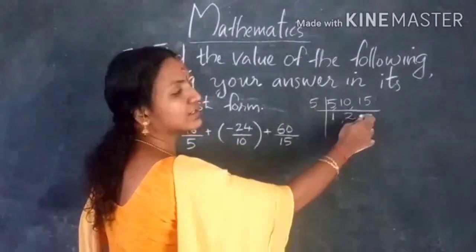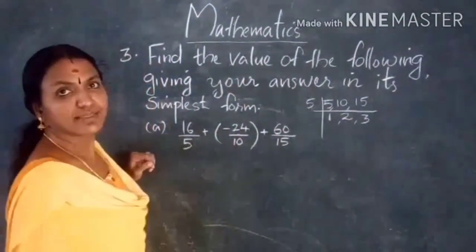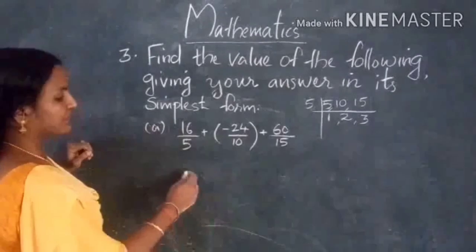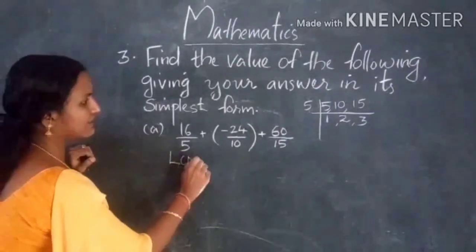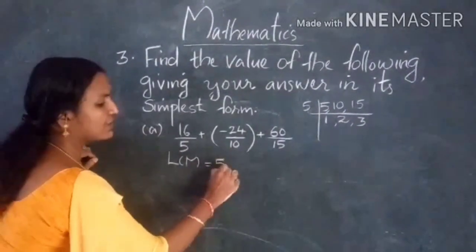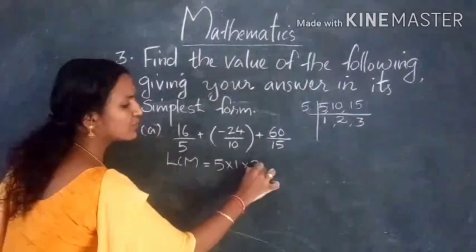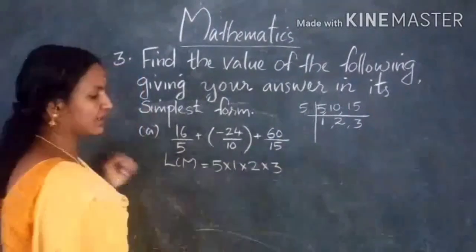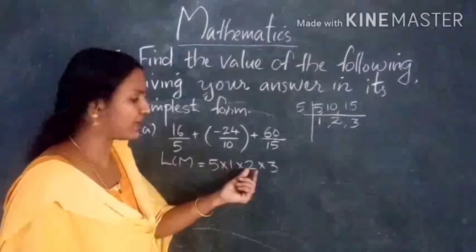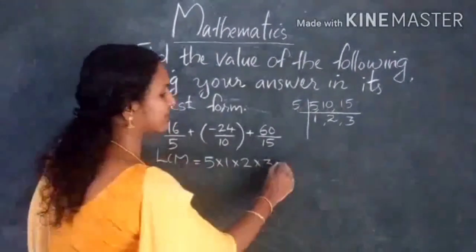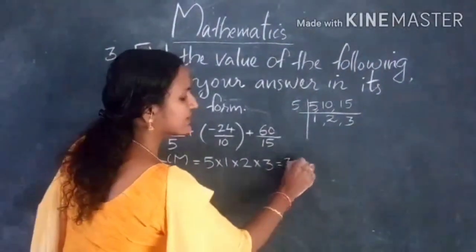5 2s are 10. Then 10 3s are 30. The LCM is 30.